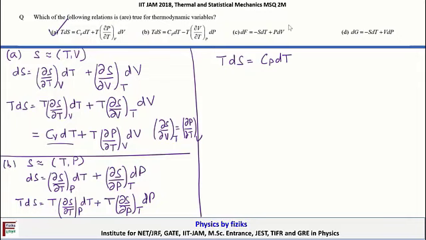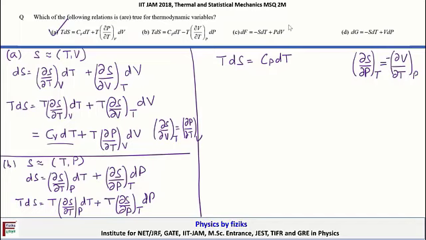Here dS by dP at constant temperature is equal to minus dV by dT at constant pressure. Make note that because P and T are not on the same side of this partial derivative, here we will have a negative sign.